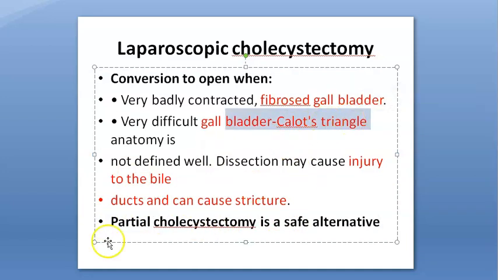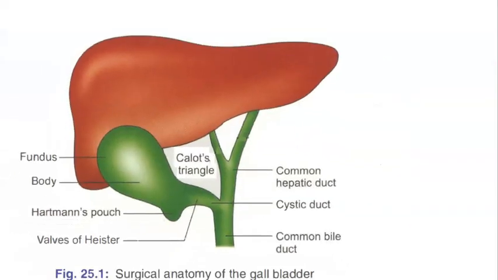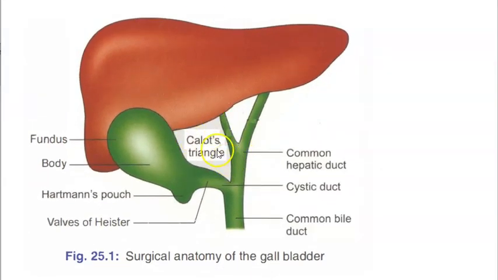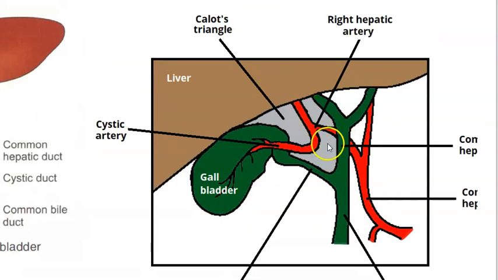Let's look at Calot's triangle. See, this is Calot's triangle. We have put the labeling here. It lies between the common hepatic duct, the right hepatic duct, and the gallbladder. What is there that is so important? In Calot's triangle there is the right hepatic artery and the cystic artery.